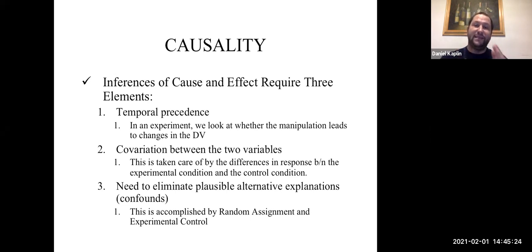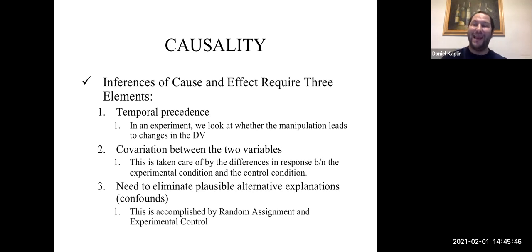So we can see the presence of what we believe to be the cause and the absence of what we believe to be the cause, because in an experimental group, the treatment will be present. In a control group, the treatment will be absent, and we expect differences between the experimental and control group.